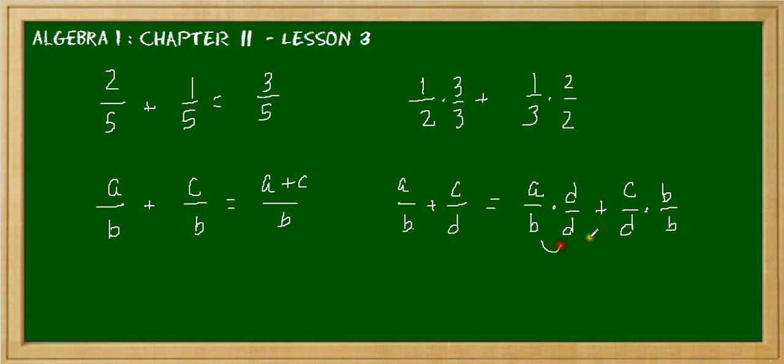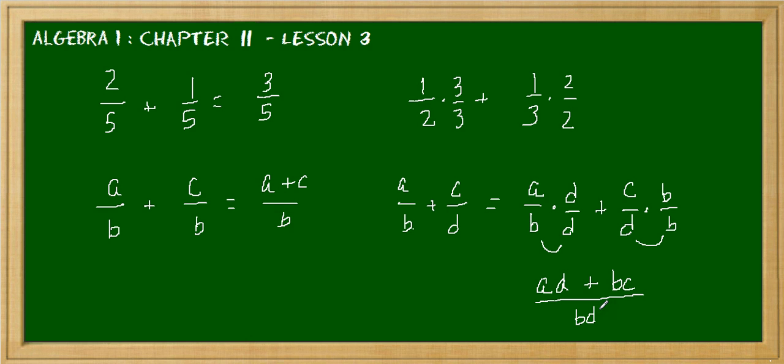I have BD, and this is DB, but it's the same as BD. But obviously it changes our numerators, as we did in our previous problem. So how can we now express this? Well, we can simply say A times D plus B times C over BD.